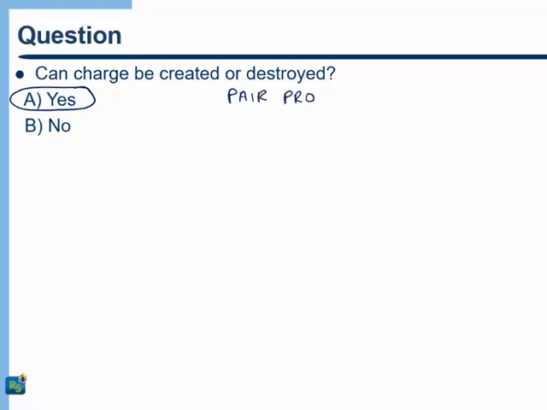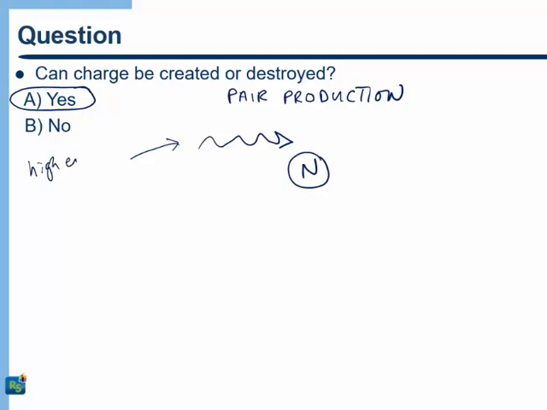Pair production is something that happens when a high energy photon comes close to the nucleus of an atom. So N there just stands for the nucleus of some large atom, and we've got our photon coming in. This is a high energy photon, and by high energy, I mean like X-ray or gamma ray.